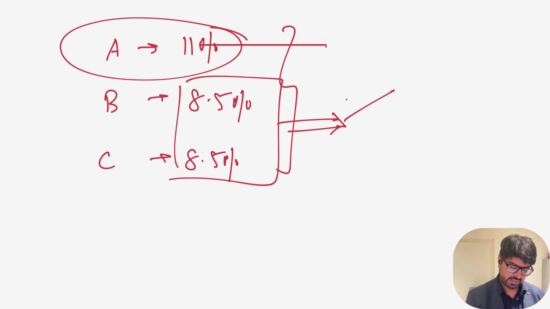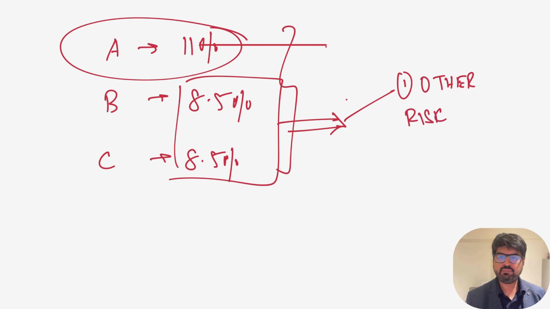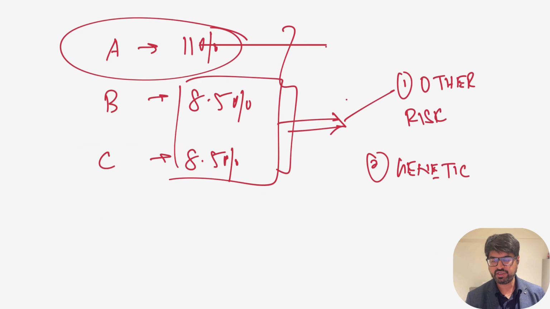The risk of complications beyond HbA1c is determined by various factors. So, what are the factors which determine the risk of complications beyond HbA1c? It could be other risk factors, for example, the patient's hypertension, the patient's dyslipidemia, other things. It could be genetic factors. Even amongst people with diabetes, some people are more prone to develop renal complications, some are more prone to develop retinopathy, and some are more prone to develop cardiovascular disease.